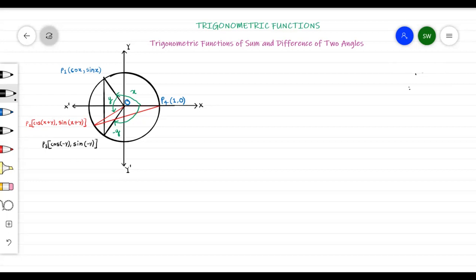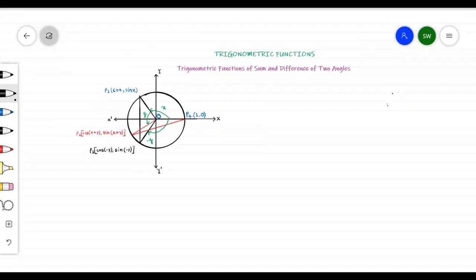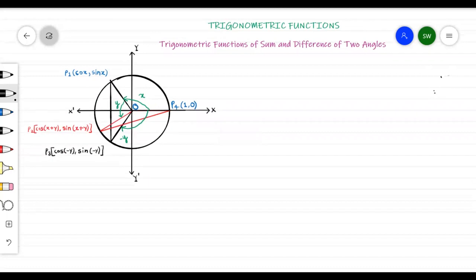Now here let us prove that these two triangles, P1OP3 and P2OP4, are congruent triangles. Why are these congruent triangles? See here, in triangle P1OP3, this is y and this angle is added.